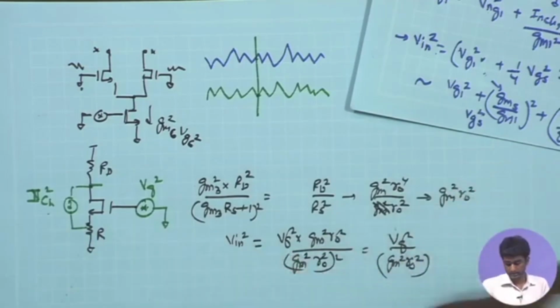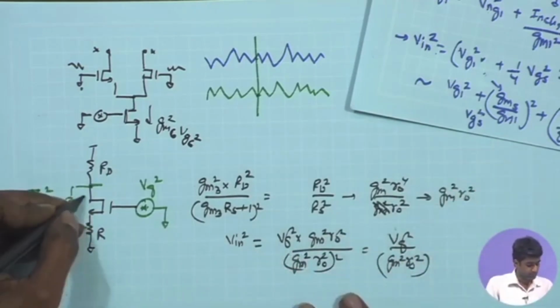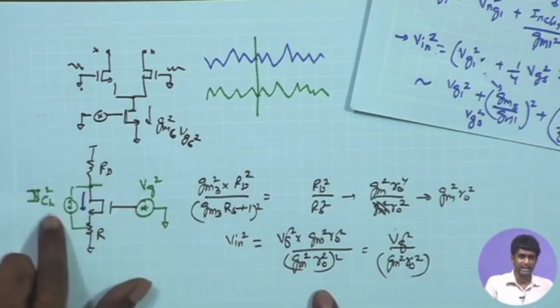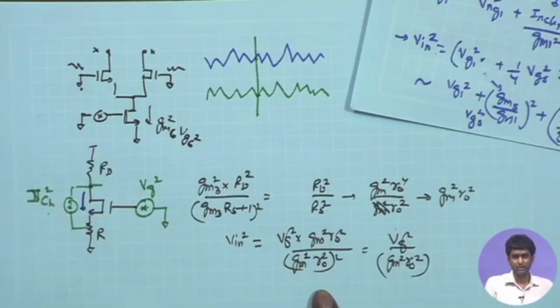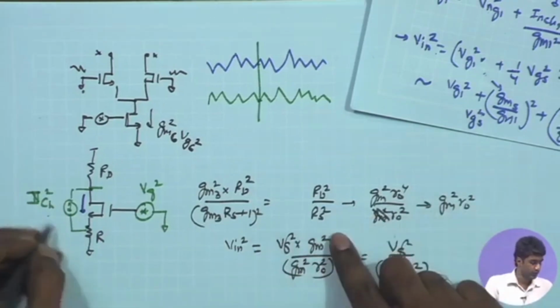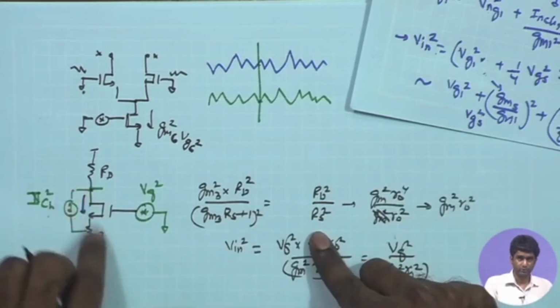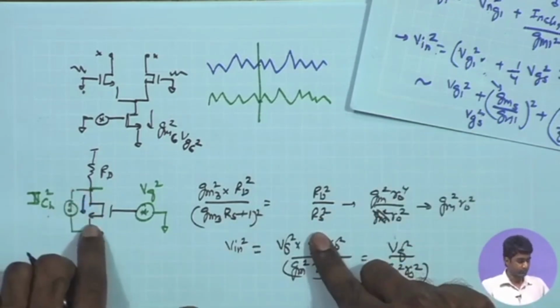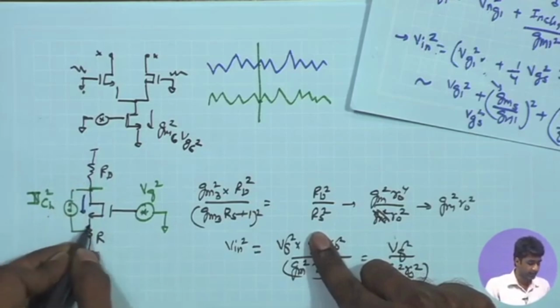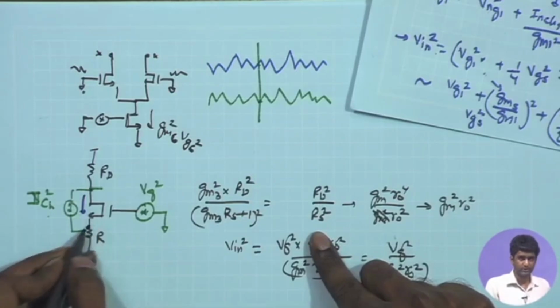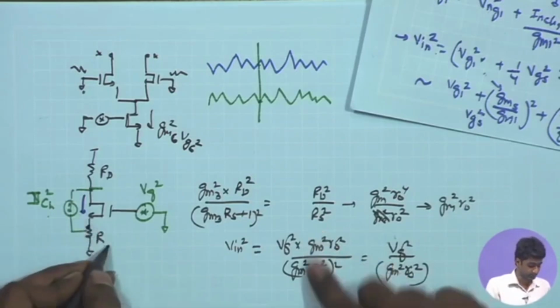So assume you have a fixed current IDC, and on top of that you have this randomly fluctuating I channel. It can go up and down. Suppose at a certain time instant it goes up, meaning the I channel is positive, flowing from drain to source, and therefore it will increase the source potential. If there is an increased channel current, it will try to increase the source potential because of this RS coming in.